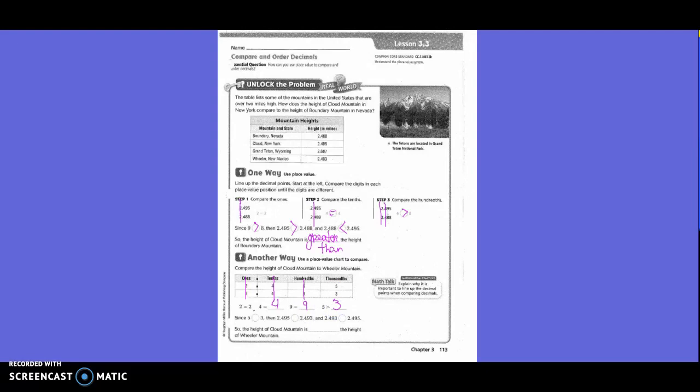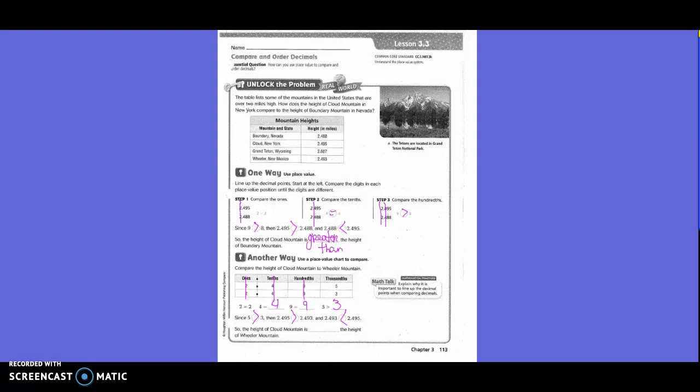Since 5 is greater than 3, then 2 and 495 thousandths is greater than 2 and 493 thousandths. So then 2 and 493 thousandths is less than 2 and 495 thousandths.